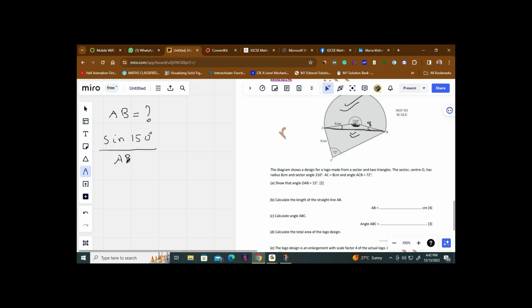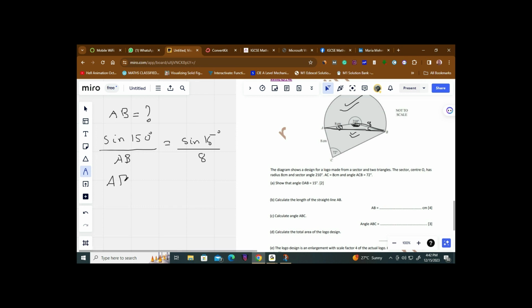Using the formula, it equals sine of the remaining angles, which are 15 degrees each. The 15-degree angle is right opposite the side with 8 centimeter length. So sine 15 degree upon 8. Now you just make a little swapping here, and you will get your AB length within no time.